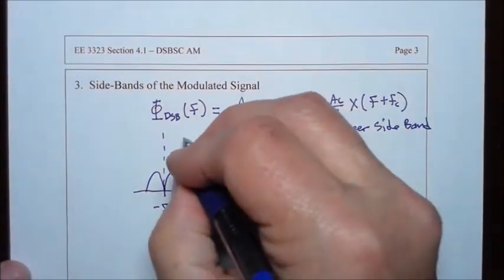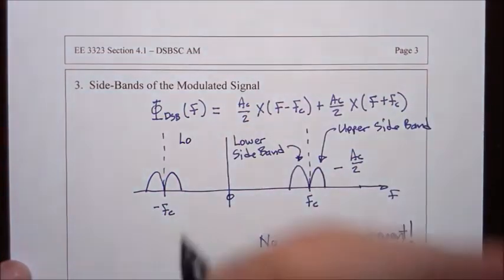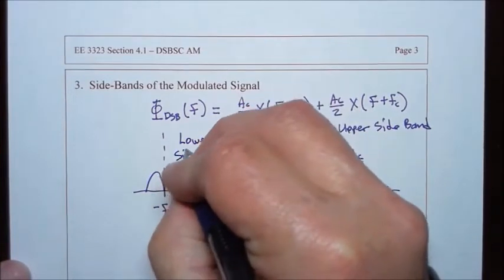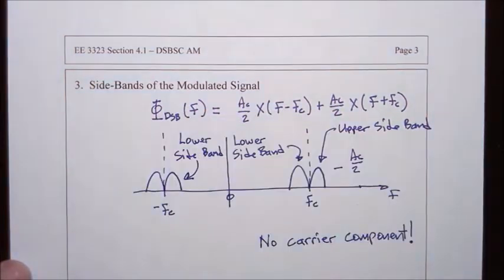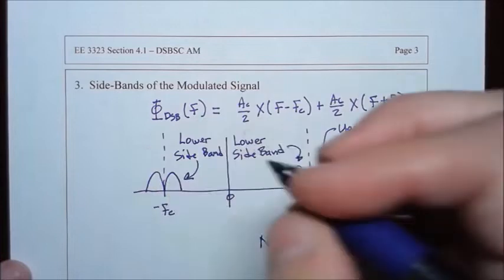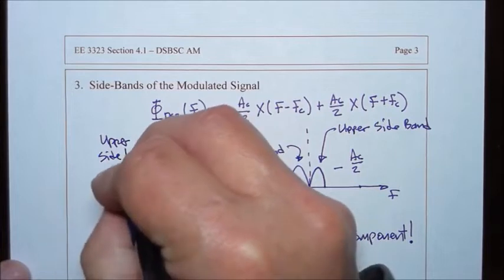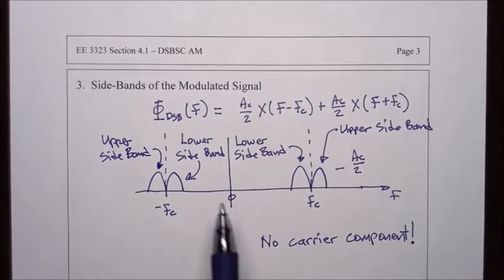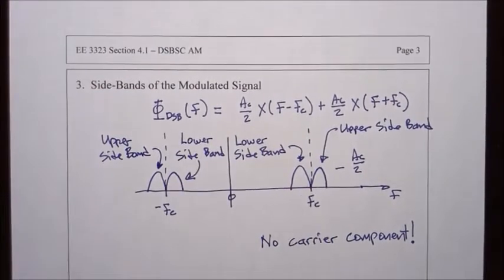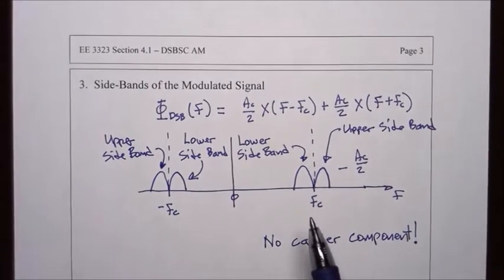Similarly for the negative frequencies, toward F equals 0, we have the lower sideband, and on the higher side, away from F equals 0, the upper sideband. Taken together, this is a double sideband amplitude modulated signal. This is in contrast with what we will see in the future with a single sideband signal.